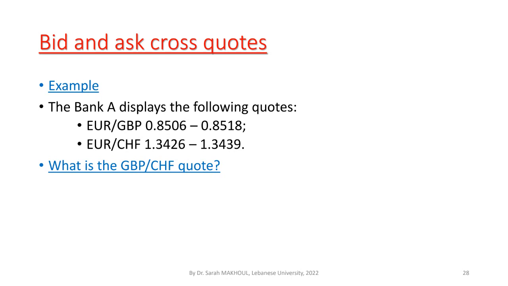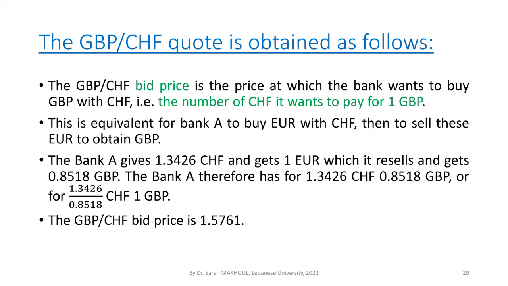First of all, you need to be specific. We calculate first the bid price for the English pound and Swiss franc, and then we do the calculation for the ask price.